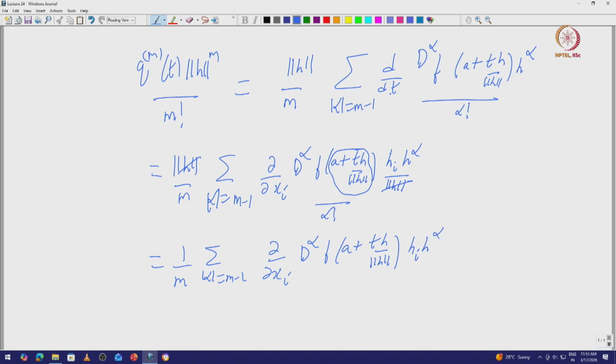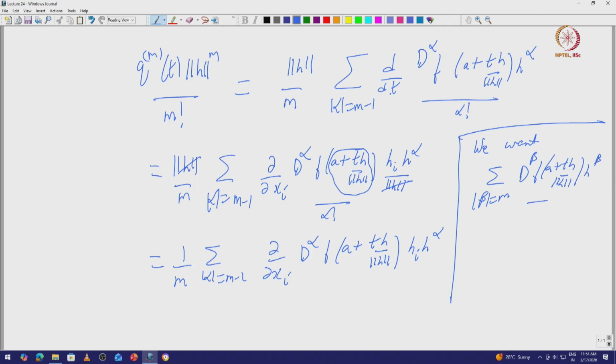Right, why is this not enough? What do we really need? We want the right hand side to be the following. Okay, so we want multi-indices such that beta 1 plus beta 2 so on until beta n is m, right?